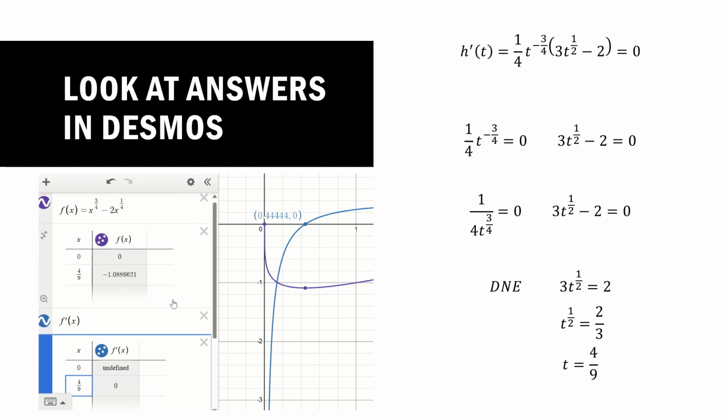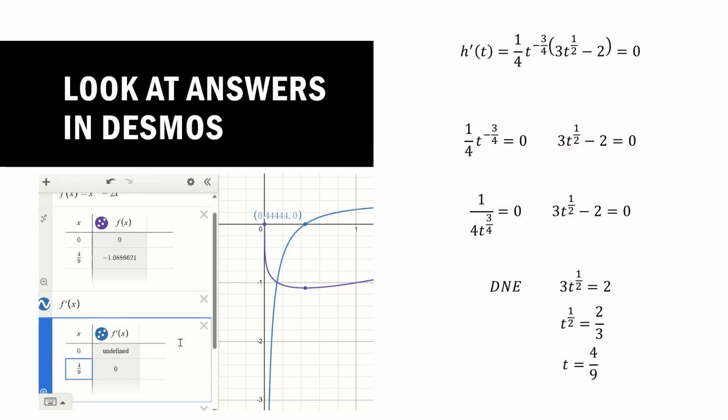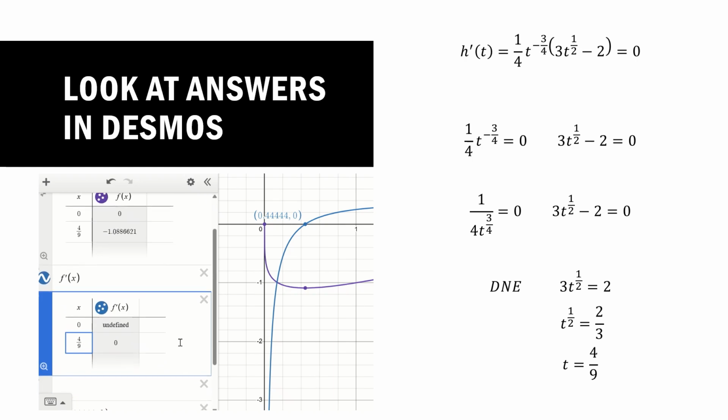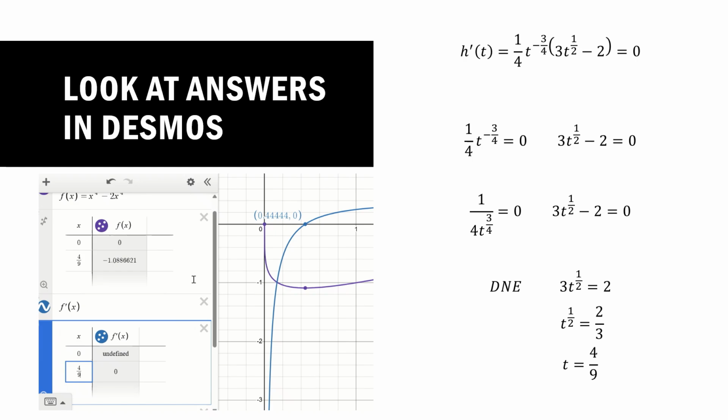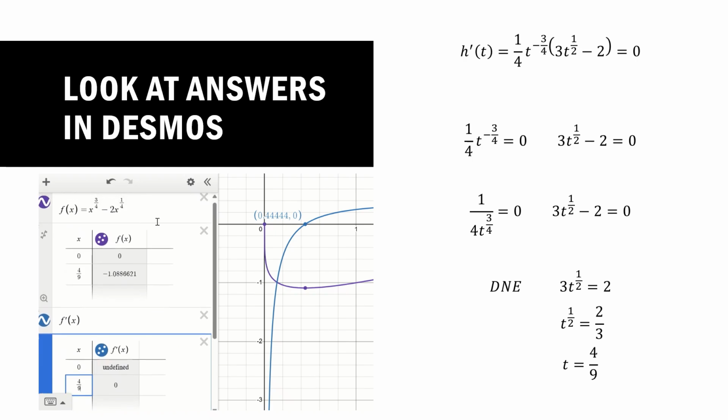So the nice thing here is it will show on screen. So, my original function has to be defined at the numbers we found. They are defined at the numbers we found. But furthermore, then our first derivative at those values has to be either undefined, or it has to not exist, or it has to be 0.